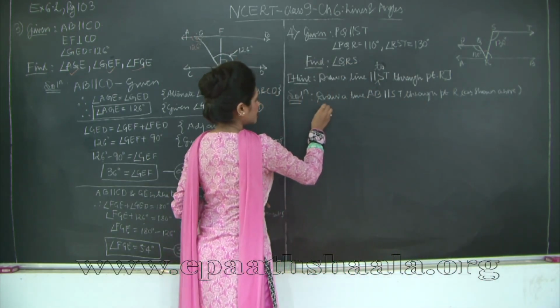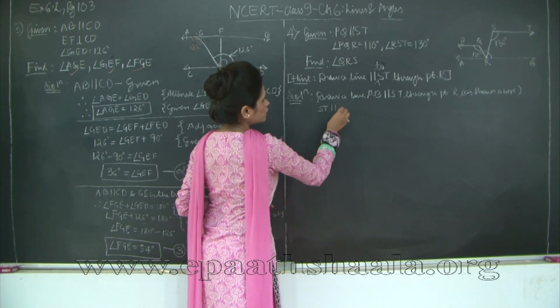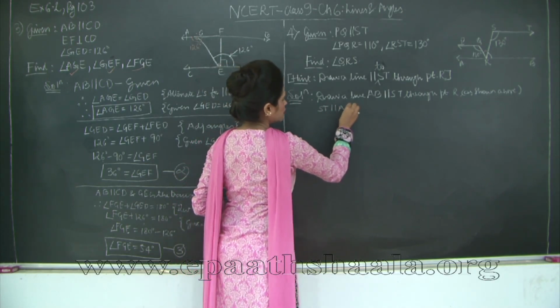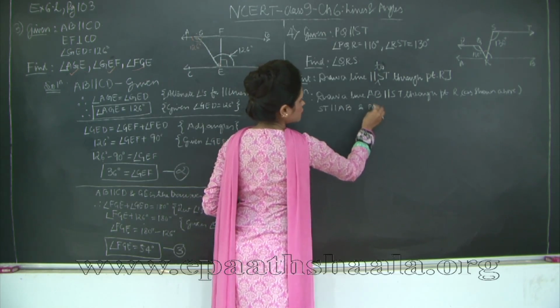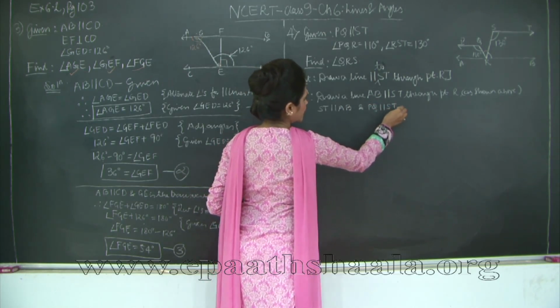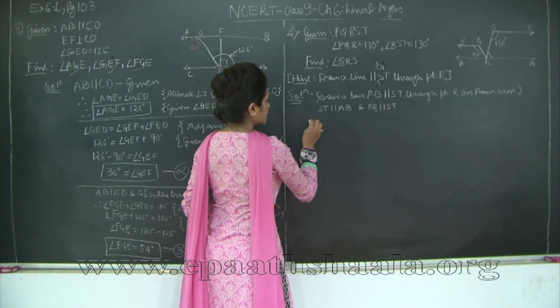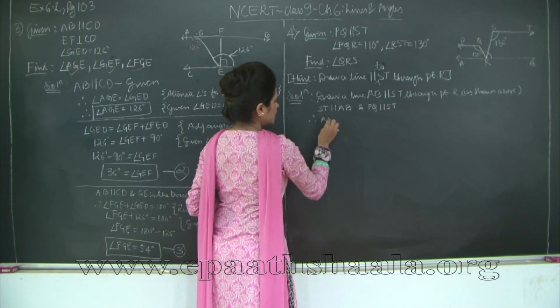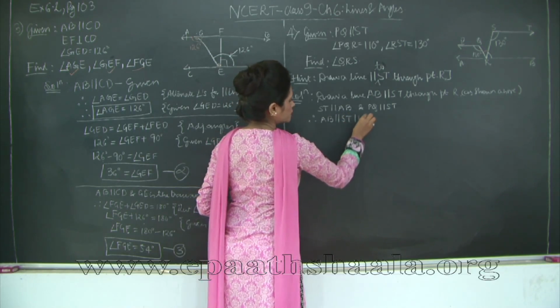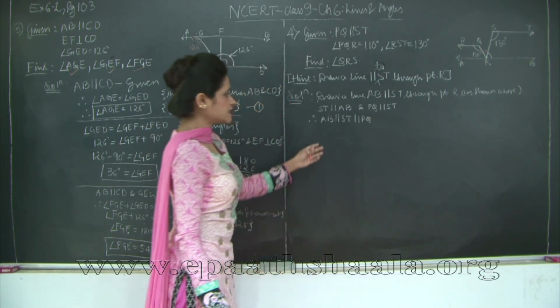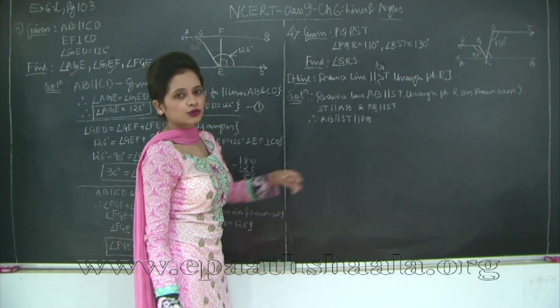So we have ST is parallel to AB and ST is parallel to PQ, or PQ is parallel to ST. Correct? Therefore, AB is parallel to ST, which is parallel to PQ. Correct? Because lines parallel to the same line are parallel to each other.